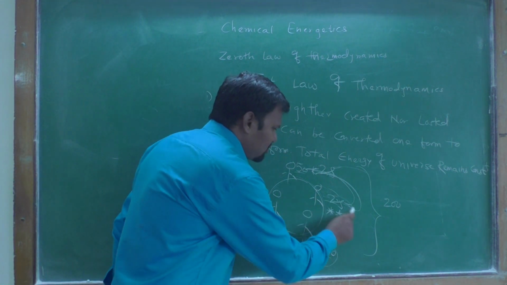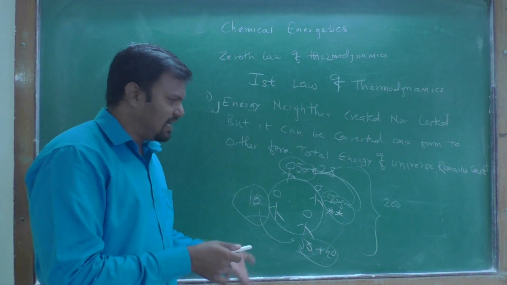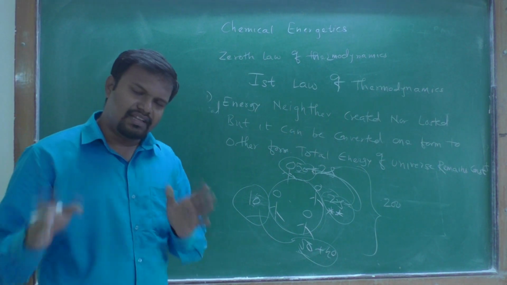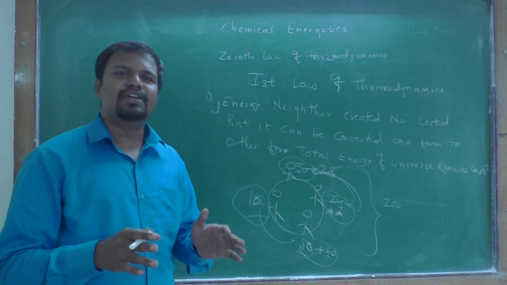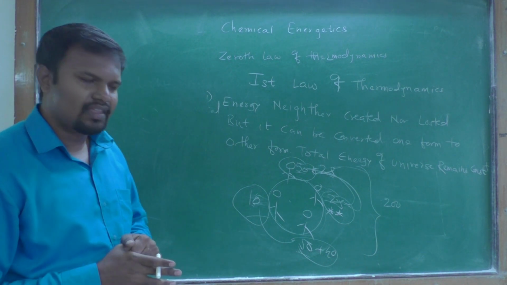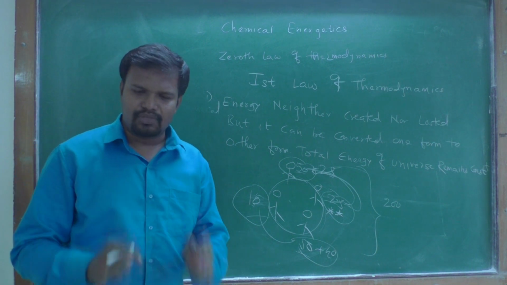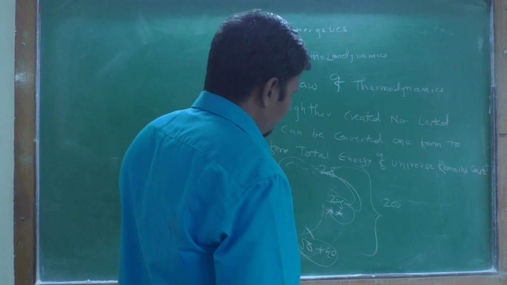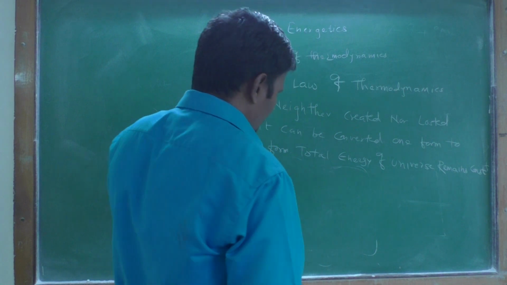This currency does not go outside this area. Therefore, they buy each other's goods, but in the evening, their currency remains the same when they count. In the same way, the total energy of the universe remains constant, but it can be converted from one form to another form.